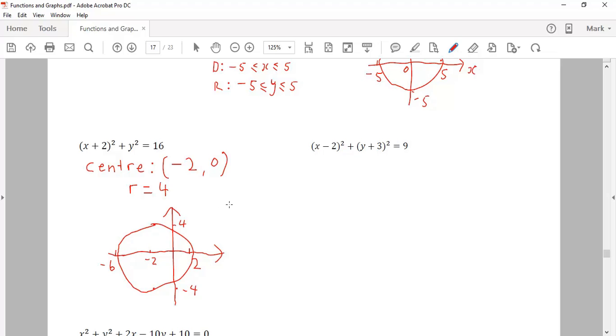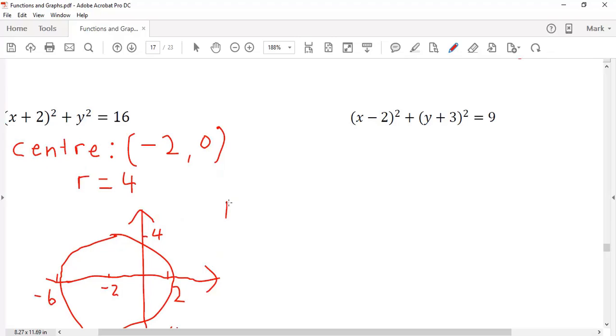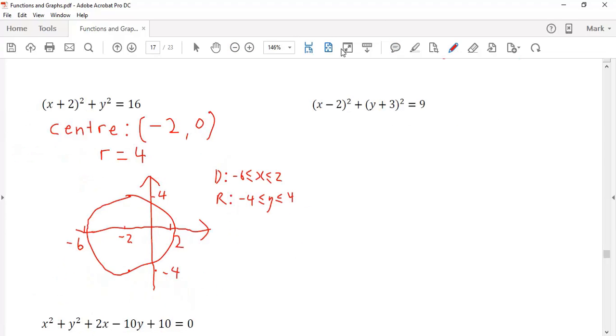So domain, it's much easier since we've seen the graph now. Domain is between negative 6 and 2. And the range you see is from negative 4 to 4. Alright, so I won't do the next graph.